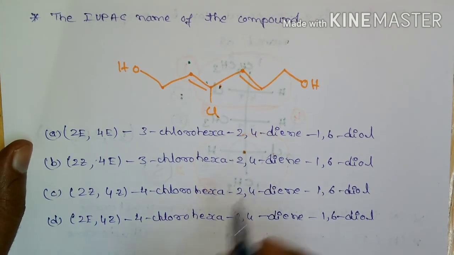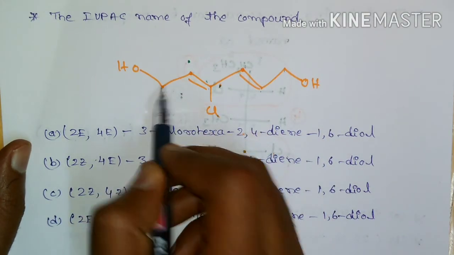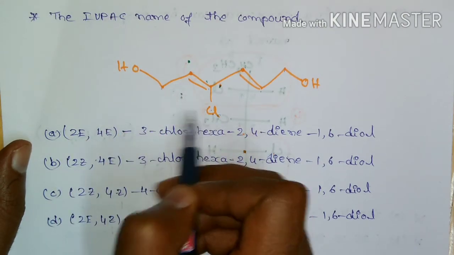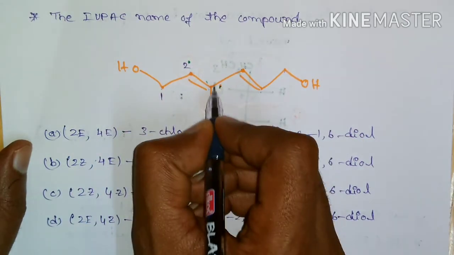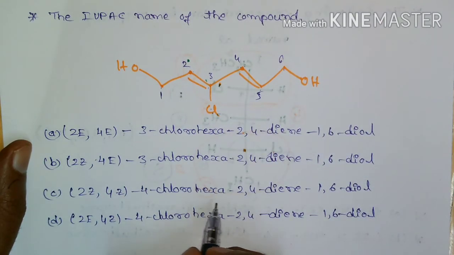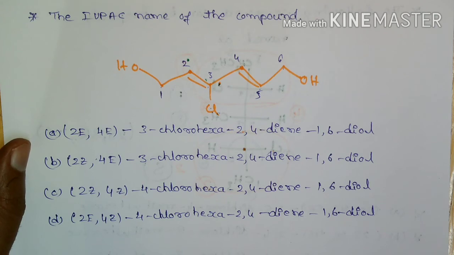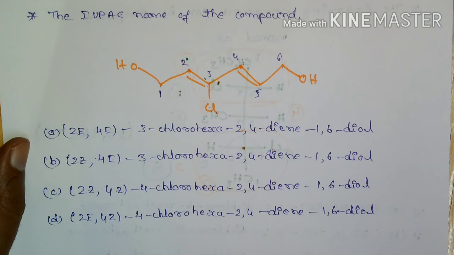If I start numbering from this one, 1 2 3 4 5 6, then these two substituents will get a higher number, so we need to number from this side. If I number from this side, 1 2 3 4 5 6, it has 6 carbon atoms. Here chloro will be the substituent.